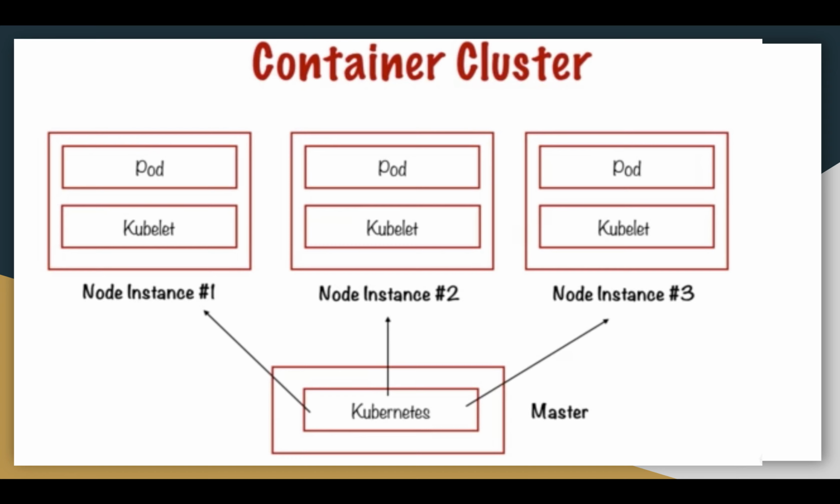Next, we are going to talk about a few concepts in Kubernetes Engine. Kubernetes is a container orchestration system, as I already told. Kubernetes Engine is a managed Kubernetes service. Kubernetes is an open source platform developed by Google and now widely used for deploying containerized applications. Kubernetes is deployed on clusters of servers.